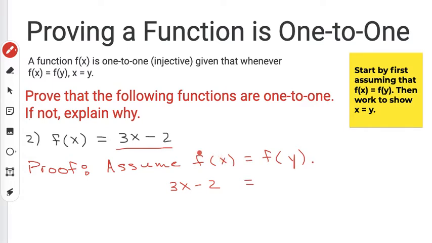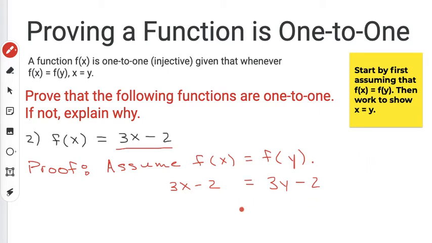So when I use this formula, I can use the 3x minus 2, but I have to replace the x with a y. So instead of 3x minus 2, since y is my variable, I'm going to have 3y minus 2. So I get 3x minus 2 is equal to 3y minus 2.